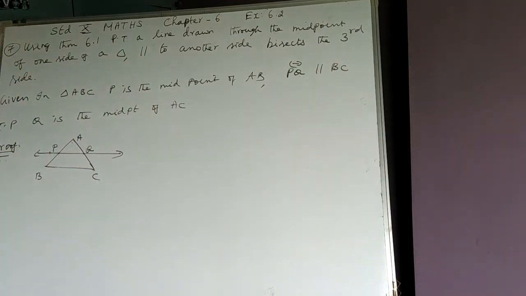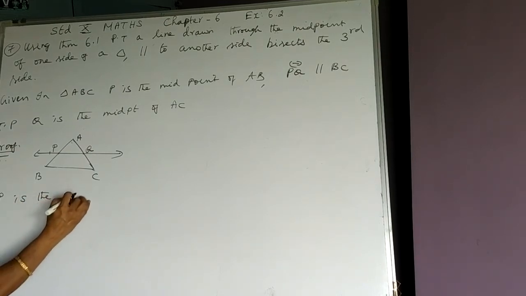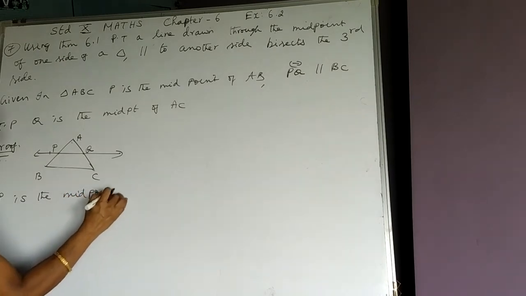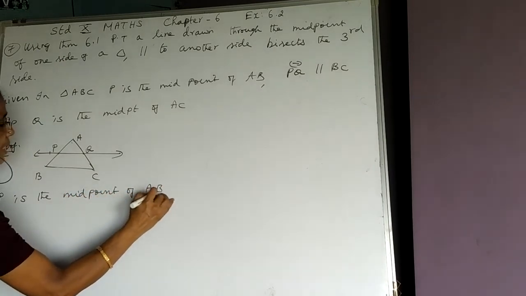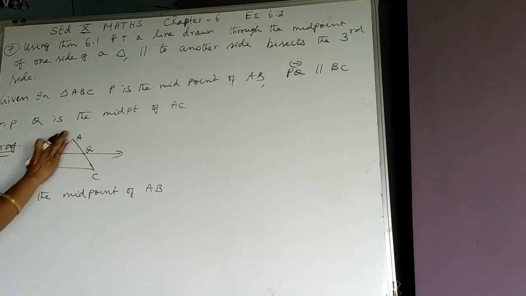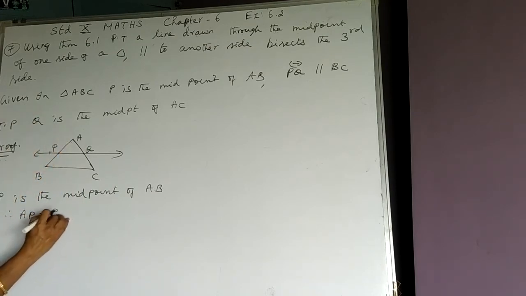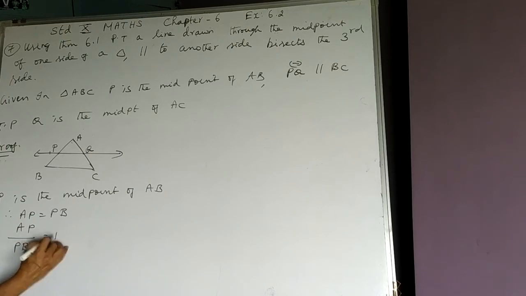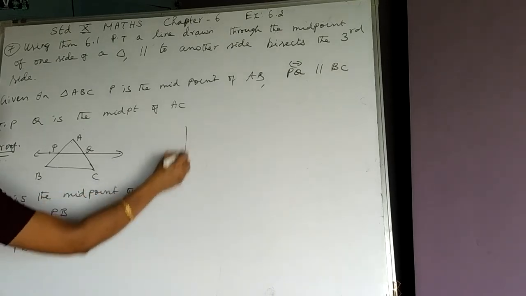This we have to prove. Okay. So P is the midpoint of AB. It is given. What is a midpoint? That point is equidistant from the end points of the line segment. Therefore, we get AP equal to what? Equal to PB. If two terms are equal, what is the ratio? Ratio is 1, right? Okay.